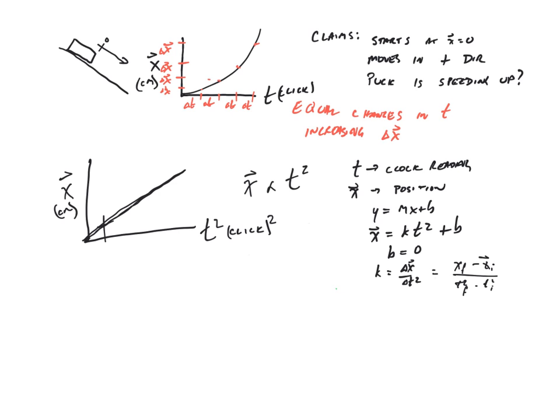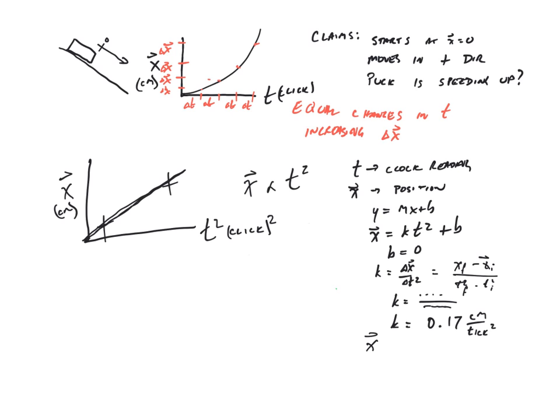Pick 2 points on the graph, and you're going to throw in some numbers, and you'll end up with k equals something, and most of you probably got somewhere around, I don't know, 0.17-ish, maybe a little more, maybe a little less, centimeters per square tick.